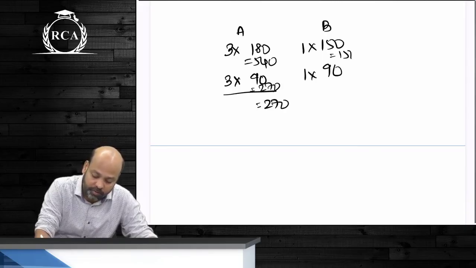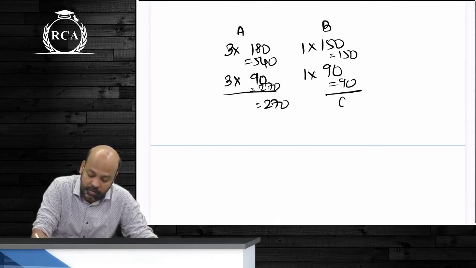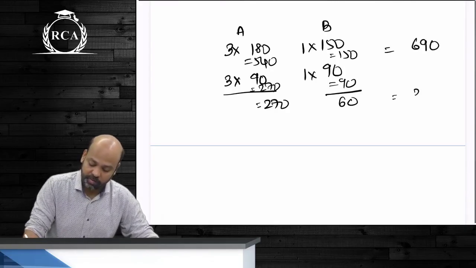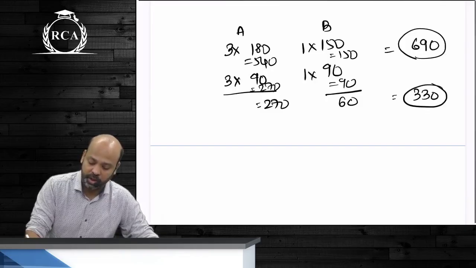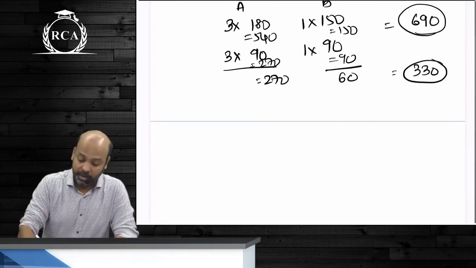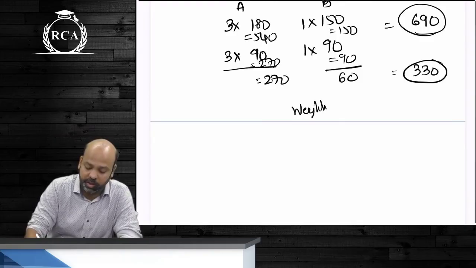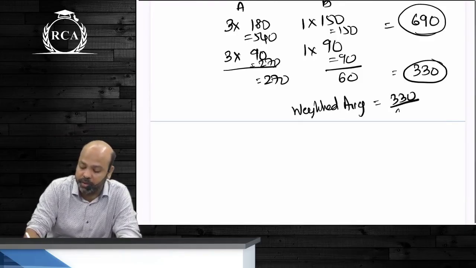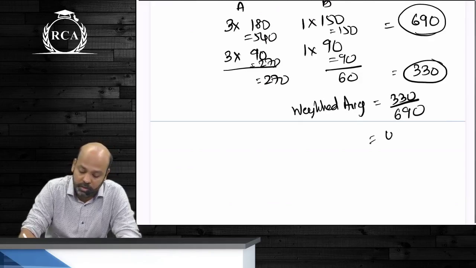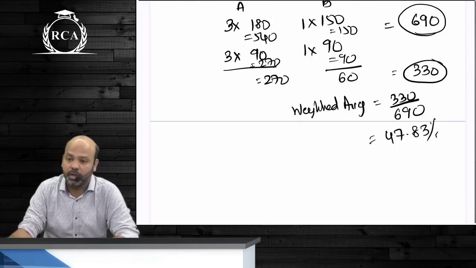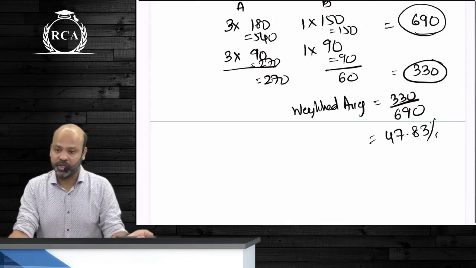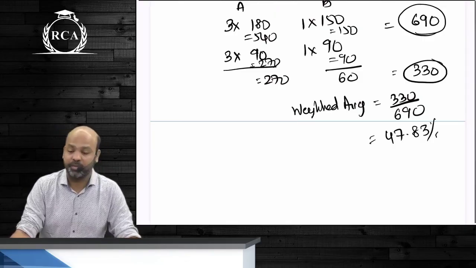This is 150, contribution is 60. My overall revenue is 690 rupees, my overall contribution is 330 rupees. My weighted average PV ratio will be 330 divided by 690, 47.83%. Understood? I'm computing overall revenue and overall contribution, using which I'm arriving at my weighted average PV ratio.